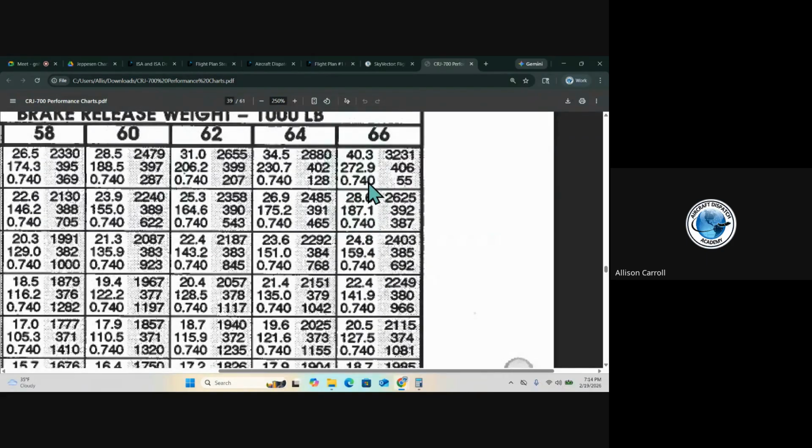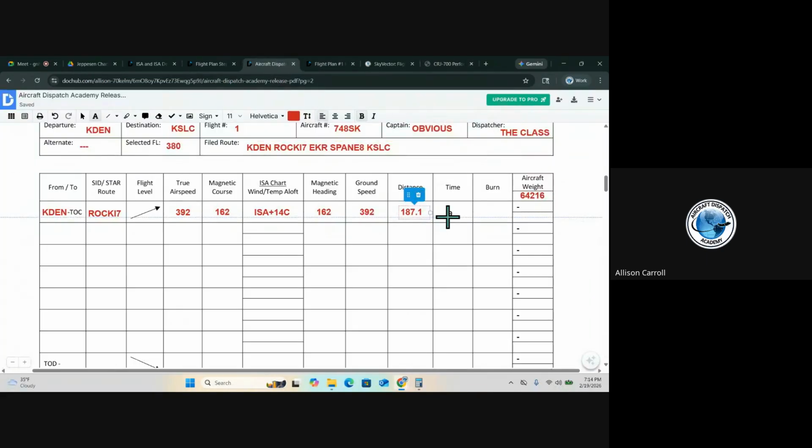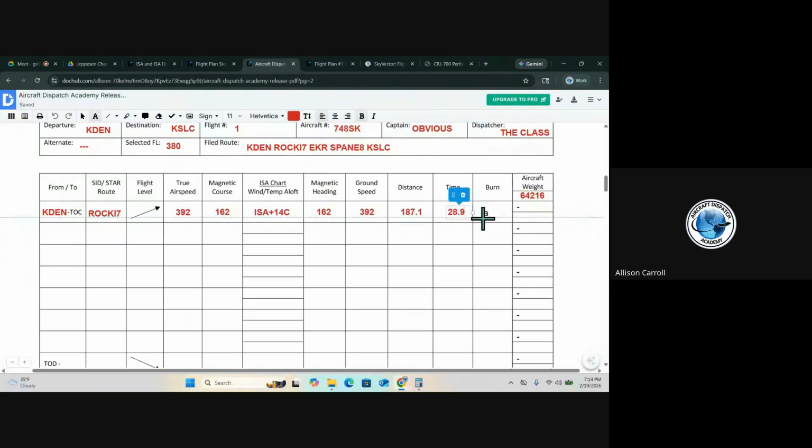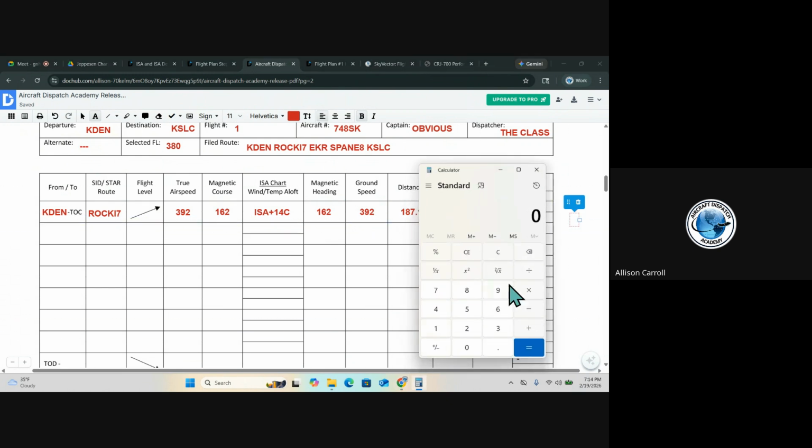It's 28.6. And then your burn, that fuel burn, was 26.25. Okay. Now I'm going to just put this in there because we will need to get our new weight.